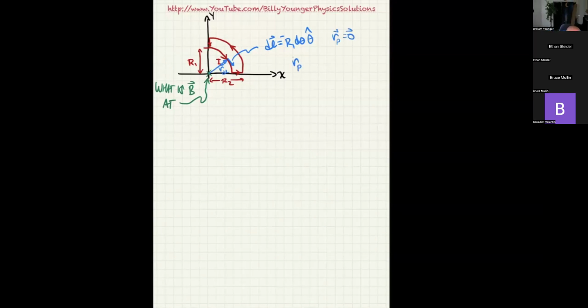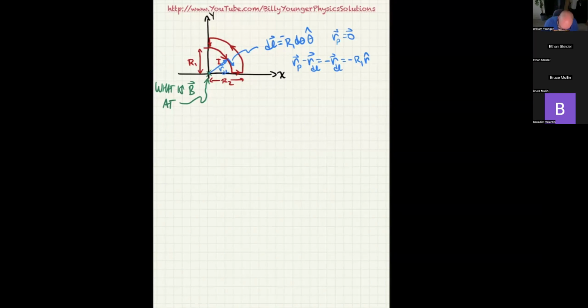So RP minus RDL just turns out to be negative RDL, which is basically negative R1 times R hat. Again, a vector pointing radially outward is our R hat vector as long as it's in the XY plane.